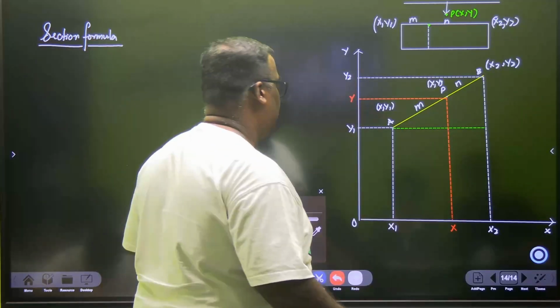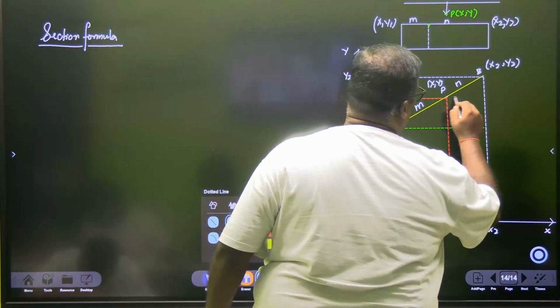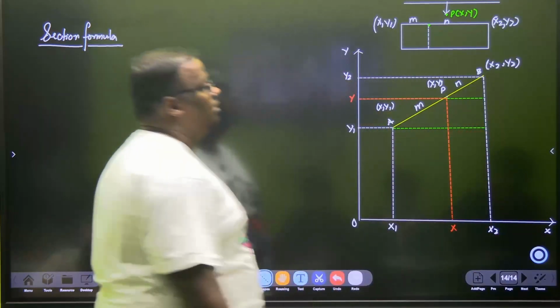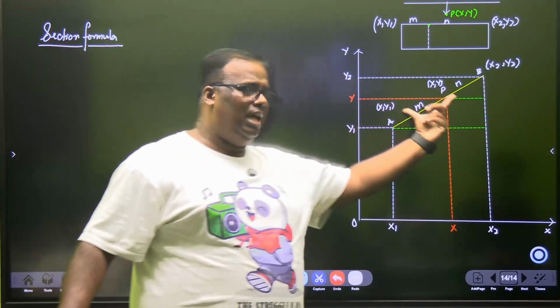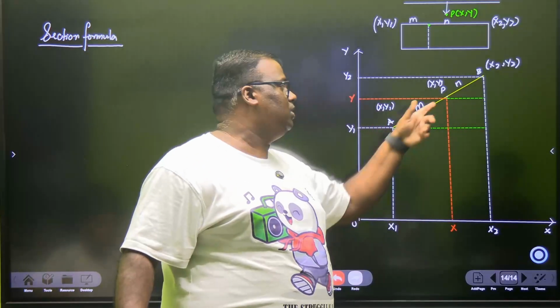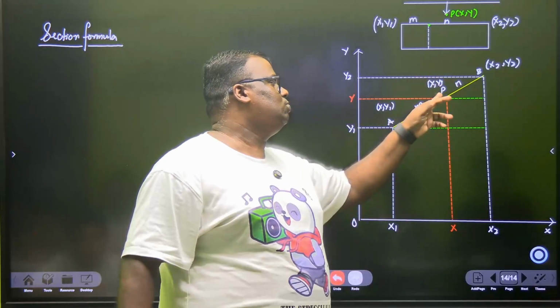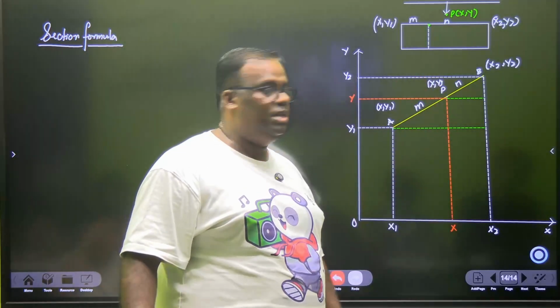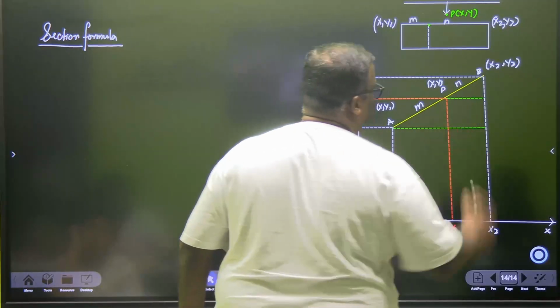And I will also complete this part. Pretty understood? AB is a line segment, which is my dairy milk. I need to break it in the ratio of m:n. And when I break it at m:n, that point is say P. P is my point. Clear? No doubt. No issues. Okay. P is my point.